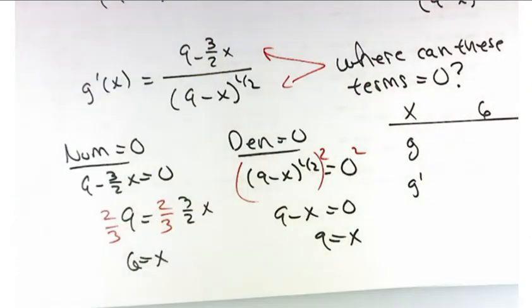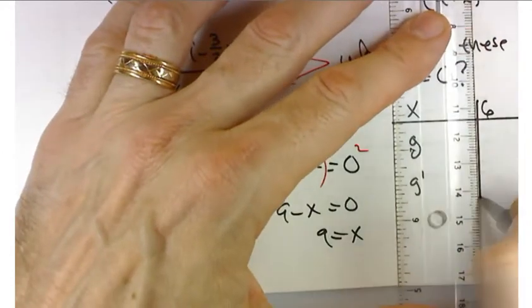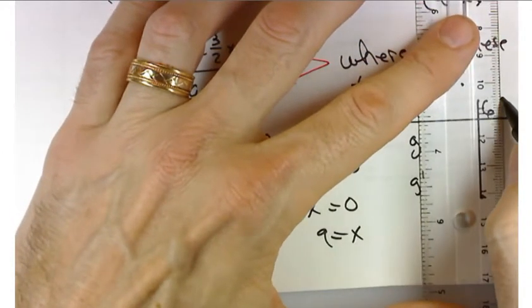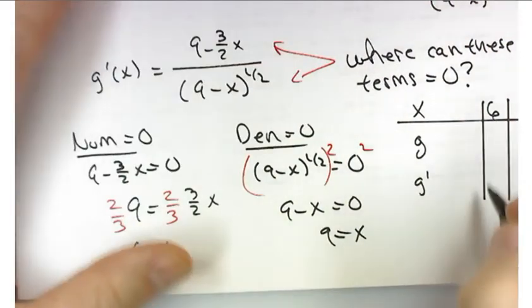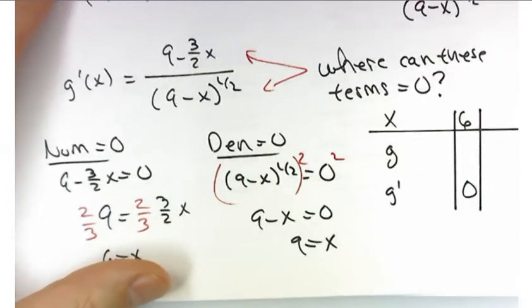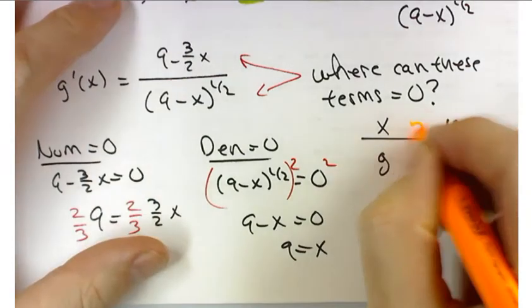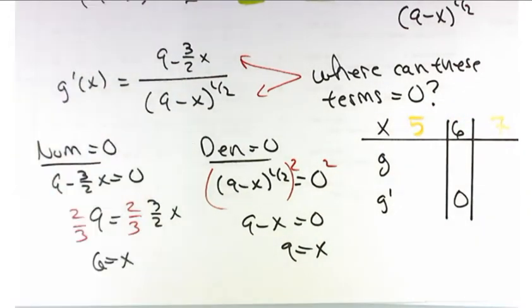And then at x equals 6, the function has a 0 derivative. But let's test points on either side of x equals 6. So what are some good test points for us? All right, 5 and 7. 5 and 7 are some good test points.